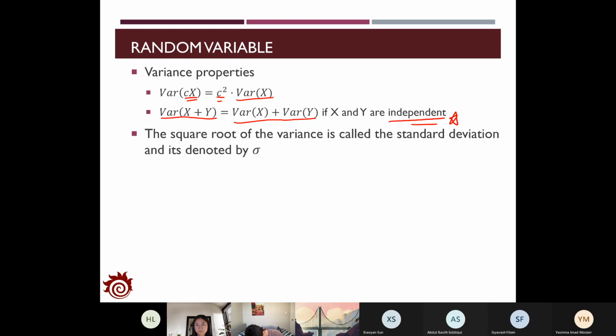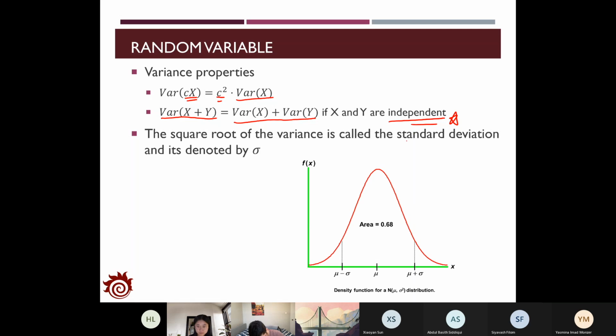And also sometimes we use the square root of the variance to measure the concentration of the distribution. That square root is called the standard deviation, or we sometimes just use sigma to represent the standard deviation.